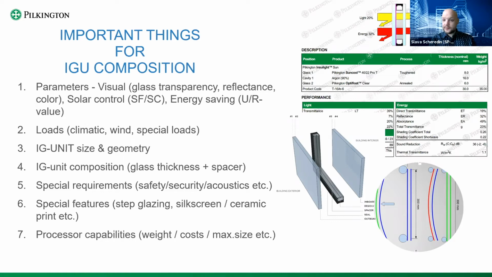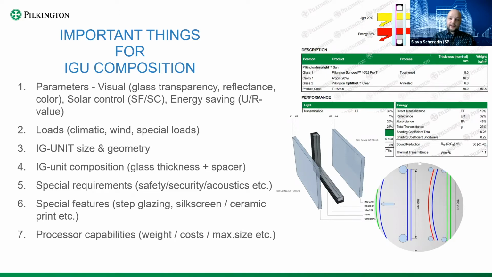And of course, some kind of special loads like human body impact when someone jumps on your glass and so on. These loads require dedicated calculation, which can be performed only with special software and special knowledge. So for this kind of calculations, you should usually address us, the glass manufacturer.